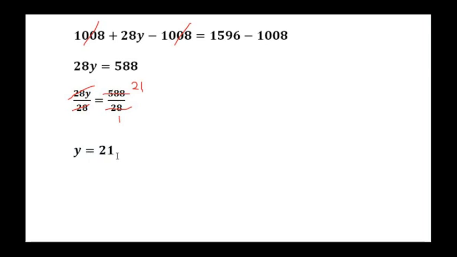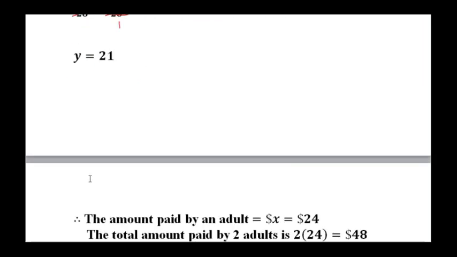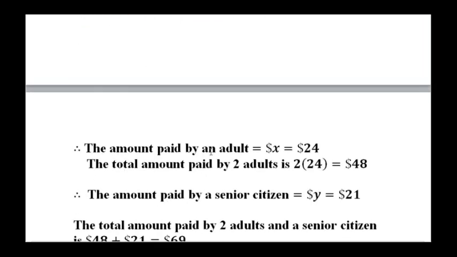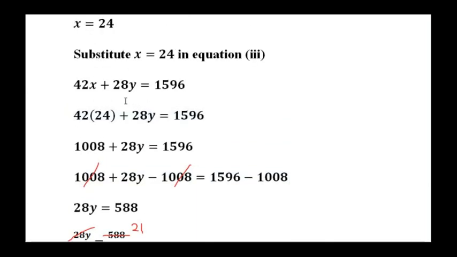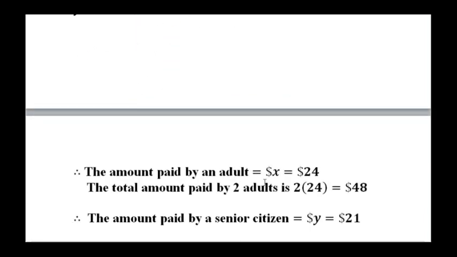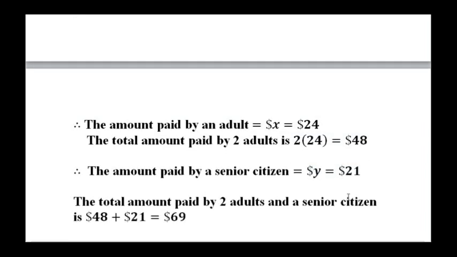Now that we have found the values of the variables x and y, which means we have found the amount paid by an adult and the amount paid by a senior citizen, right? So therefore the amount paid by an adult is x dollars, and x is 24, and the total amount paid by two adults is 24 times 2 equals $48.